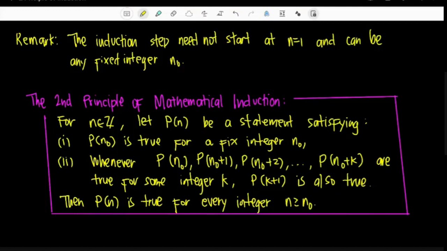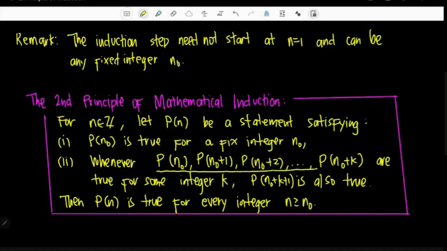And whenever that is true, then the next proposition, P of n sub 0 plus k plus 1, is also true. Which is pretty much the same as the case of the first principle of mathematical induction with the additional assumption here.